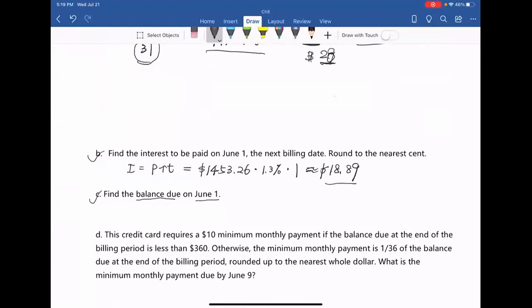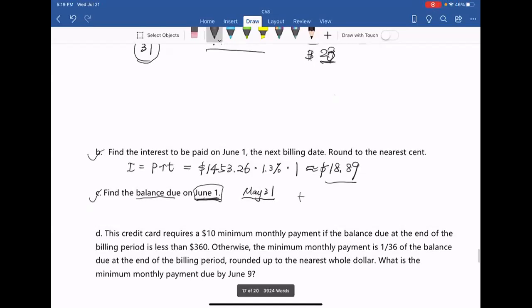The balance due equals the unpaid balance on the day before this date. So the day before June 1st is May 31st. So we find the unpaid balance on this date plus the interest we have found here.